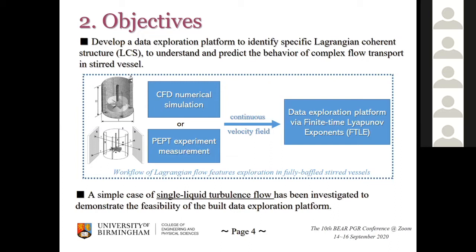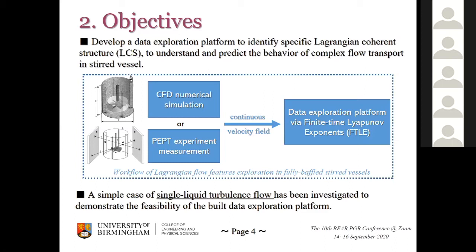So this is the workflow of Lagrangian flow feature exploration. First, we use a numerical simulation, or we use measurement, to get the continuous flow velocity field in the stirred vessel. And we input the velocity field into the data exploration platform that we built.